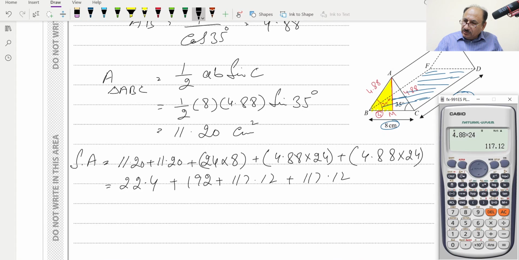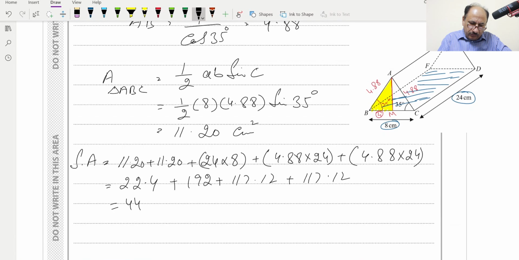And now we can just add 22.4 plus 192 plus 117.12 plus 117.12, and this is equal to 448.62. This will be the surface area of this one.